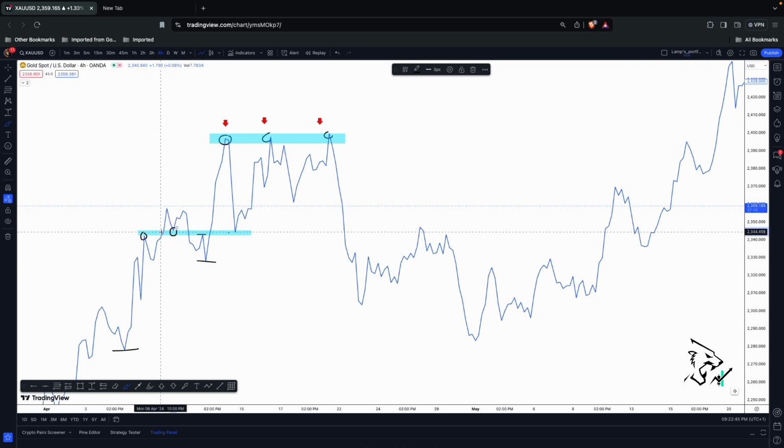Now this base has become that ground floor where the market fails to break below. Even if it breaks above, it now becomes a reference point for a buy opportunity, and when it breaks below, it becomes a reference point for a sell opportunity. In this instance, we had some sell opportunity here.